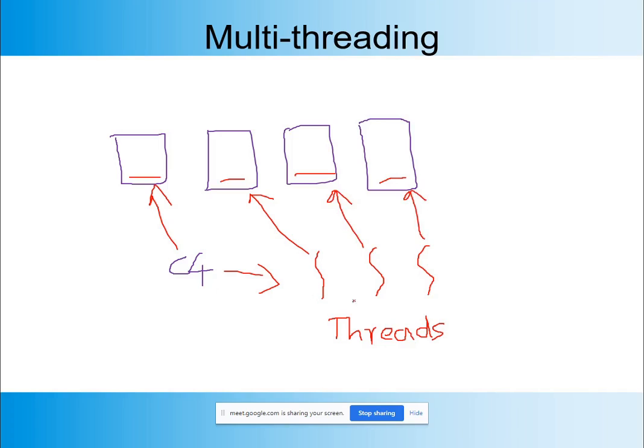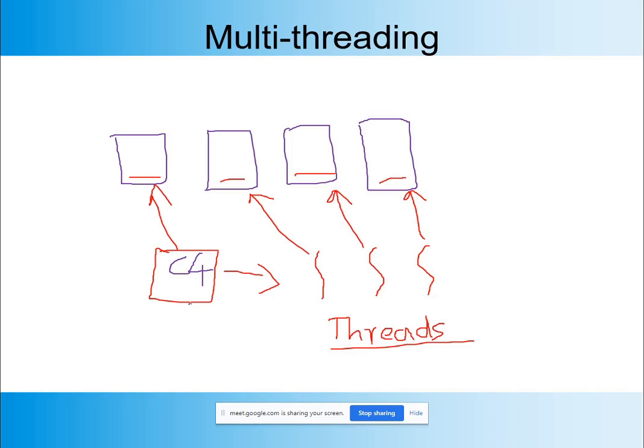And since they can share the resources, whatever stuff has been brought by chef 4, it could be flour or vegetables or any mixture necessary to complete the recipe, it can be shared by all of them. So this is the idea of multi-threading approach. So in a multi-threading programming approach, you have one process and you have given some task to be performed by this program.